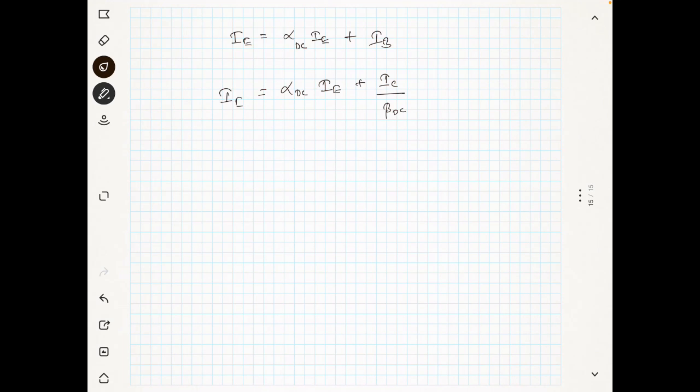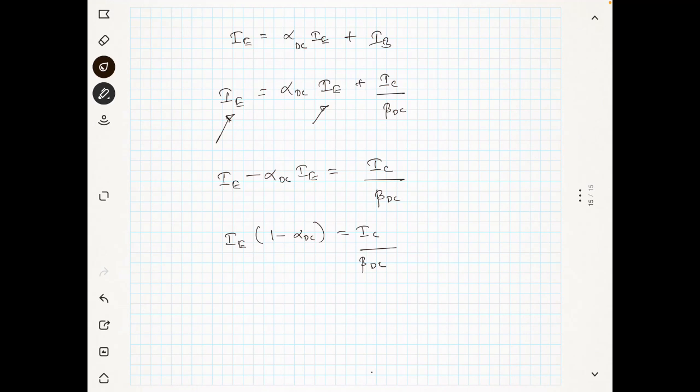You can see here the term for IE on both sides. So IE minus alpha DC times IE is equal to IC over beta DC. Am I correct? Now you can see IE into 1 minus alpha DC is equal to IC by beta DC.